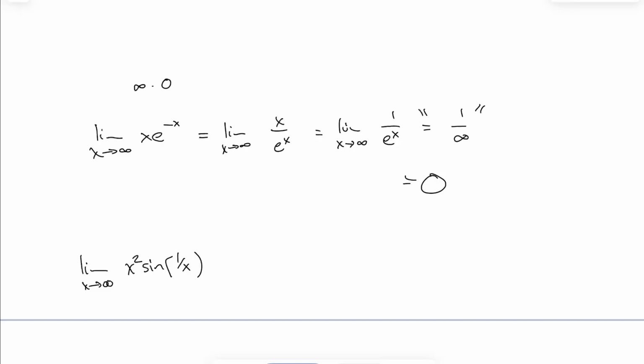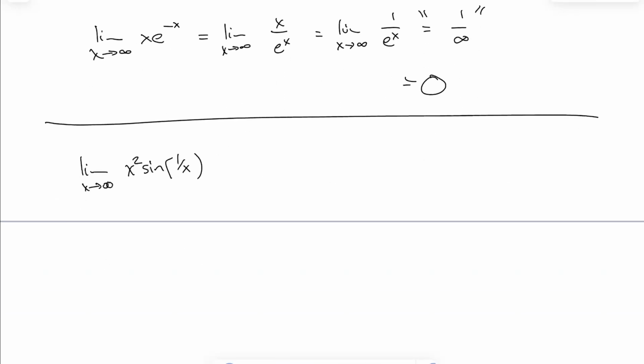Okay, and then the last one. This is the hardest one in my opinion. Sine of 1 over x is a weird thing to discuss, but if you think about what happens when x is going to infinity here, informally speaking, the x squared part turns into something infinite, and then this becomes something like sine of 1 over infinity, right?